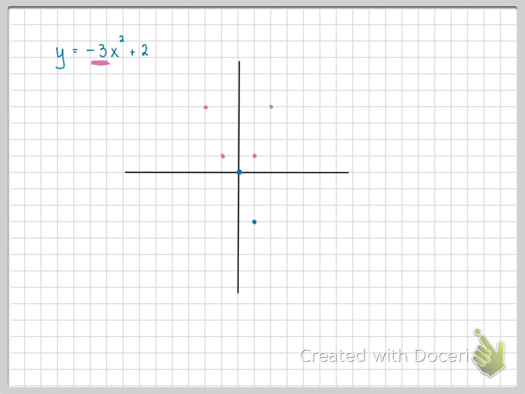The y value is different. The x value stays the same. Then the y value of 4 times -3 is going to be -12, right down here. Okay, so those are the points for -3x squared.